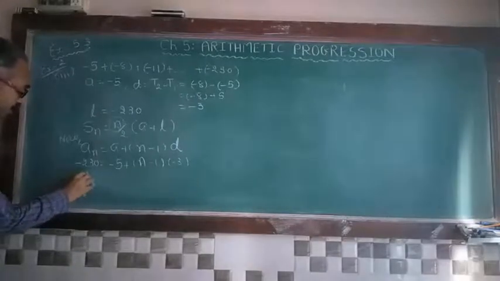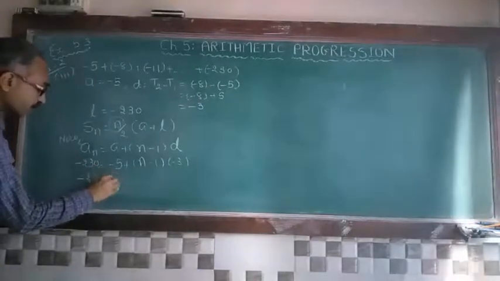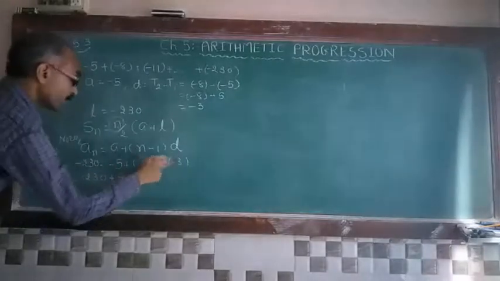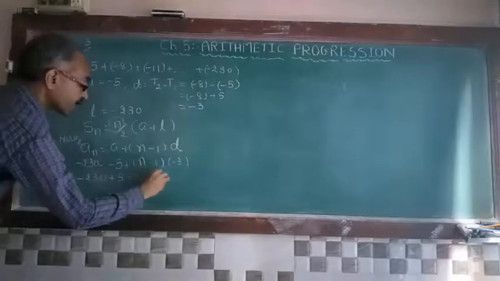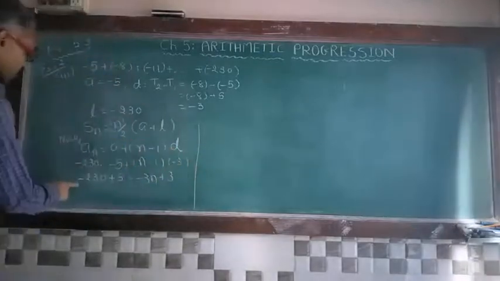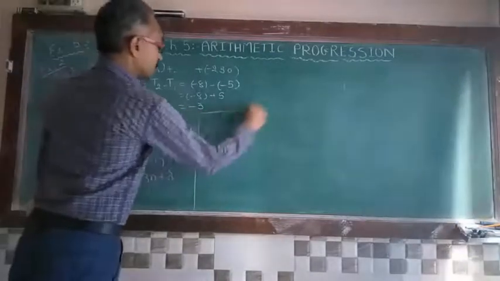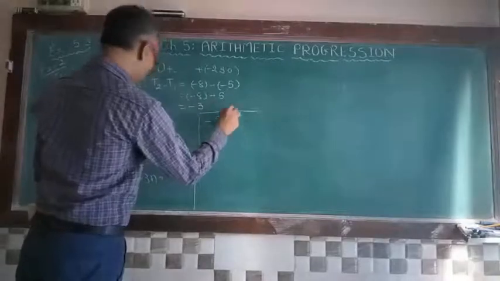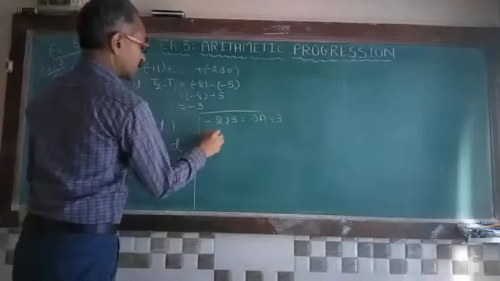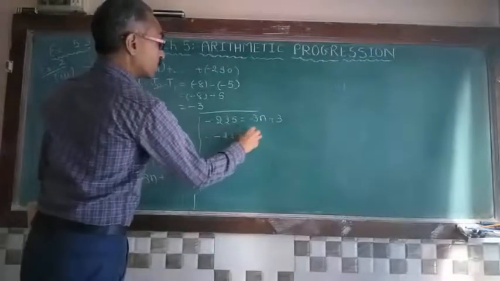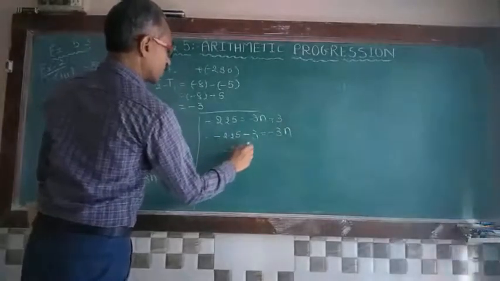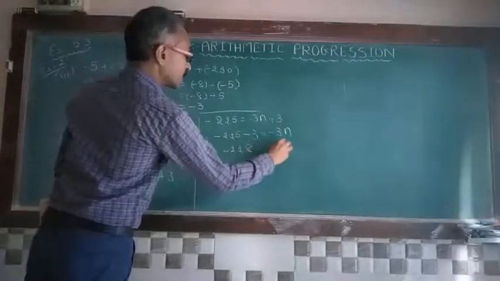That means -230 minus 5, that is plus 5 from right to left, is equal to -3n plus 3. So -230 plus 5, that means -225 is equal to -3n plus 3. That means -225 minus 3 is equal to -3n. That means -228 is equal to -3n.